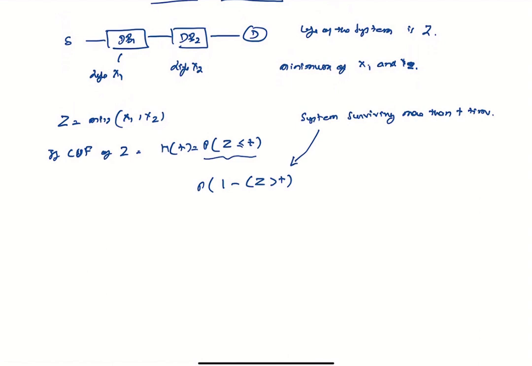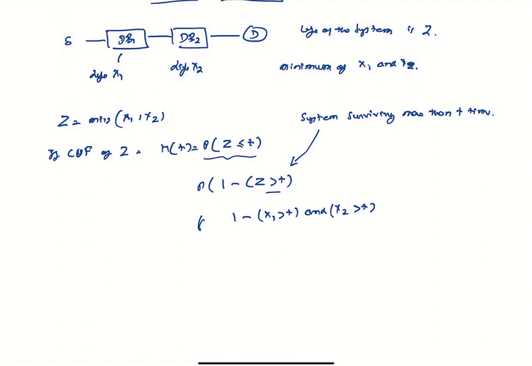This is the system surviving more than t times, because less than t is what the CDF represents, the area to the left, but we are interested in the system surviving more than t times. And that is just going to be 1 minus x1 surviving more than t times and x2 surviving more than t times.